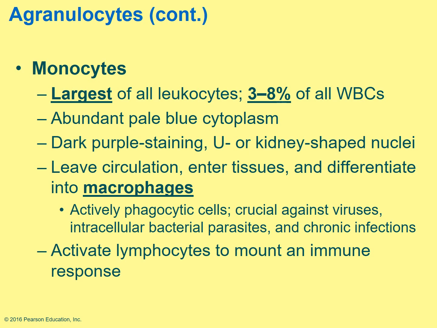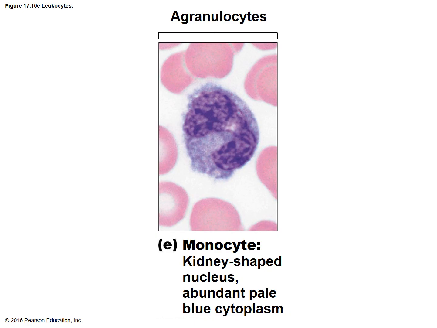And they're going to play a role in helping to stimulate the lymphocytes that we previously talked about. They play a role with your whole immune system. So here's the monocyte. As you can see, the nucleus is not circular. It's kind of a U or kidney shaped.